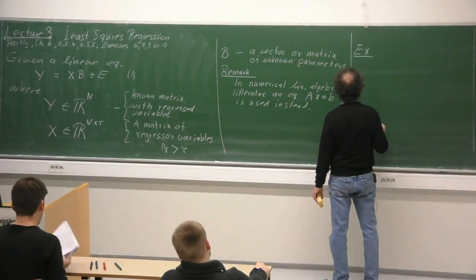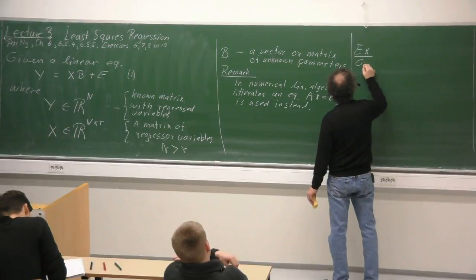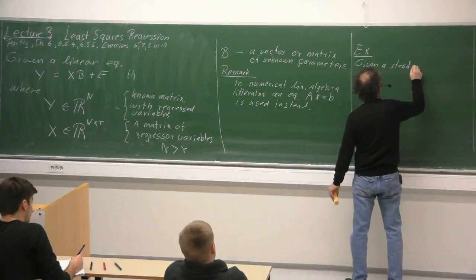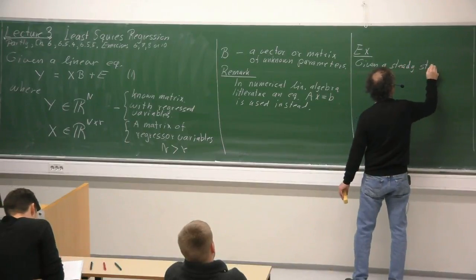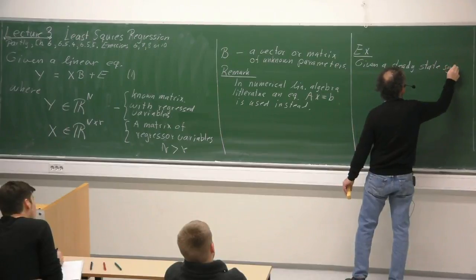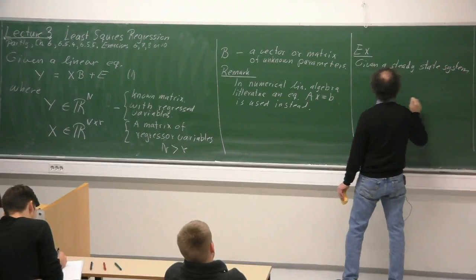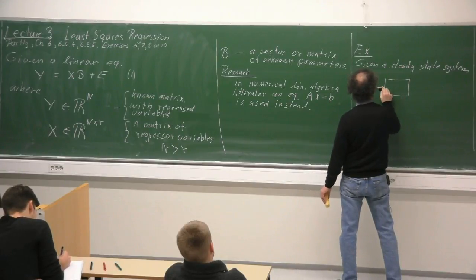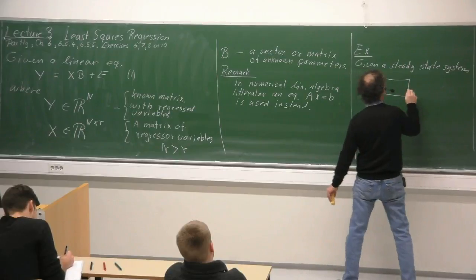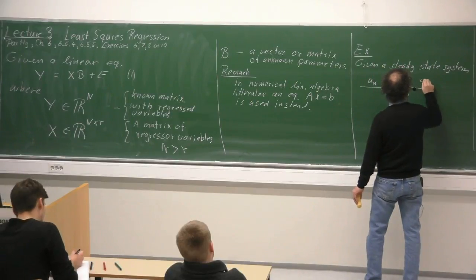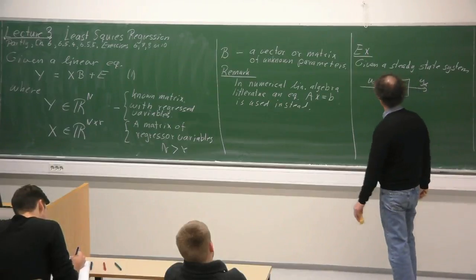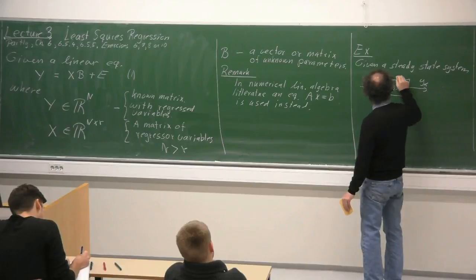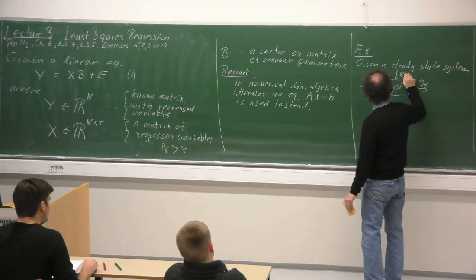Consider a simple steady state system, with no dynamics. Here we have a control input u at time k, observation y at discrete time k, and maybe some noise influencing the same system.